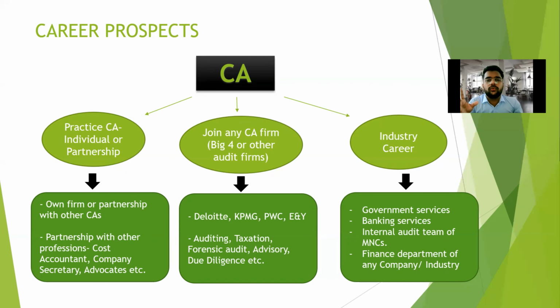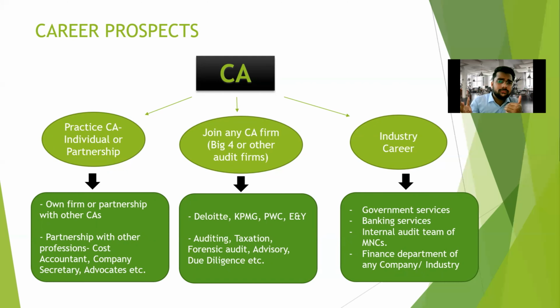Now, say for example, you have 4 or 5 friends that you got during your CA finals or articleship. Now you're deciding, okay, you know what? Let us start a firm. Let us, 4 of us or 5 of us or 2 of us, just start a firm and we can start practicing like that. That's another option that you have. Another thing, you're a chartered accountant.